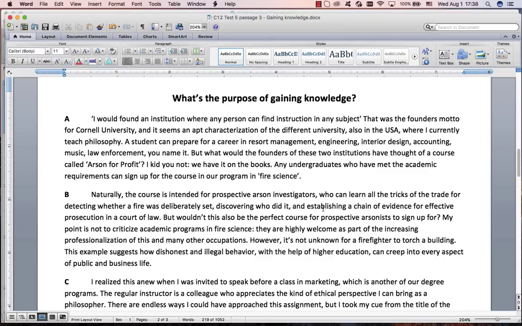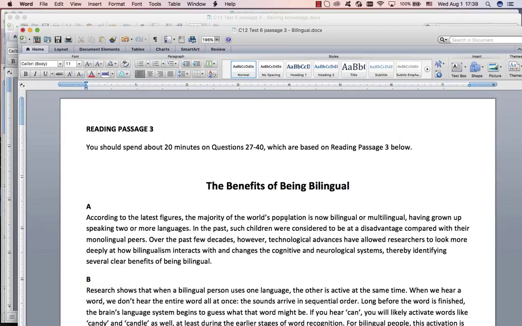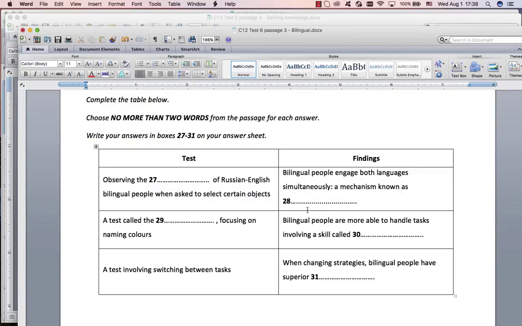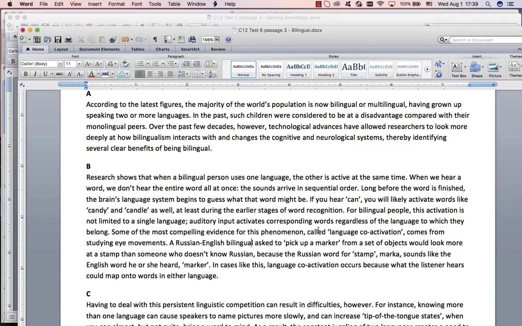The other example came from the being bilingual reading, and this was a particularly important one that I want to talk about. Yes, there were inverted commas there, and that was the answer to number 28 over here. But something that I want to pay particular attention to is this word over here.